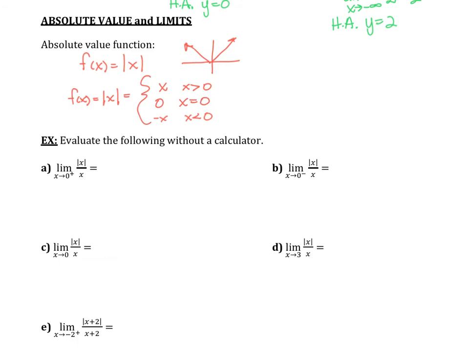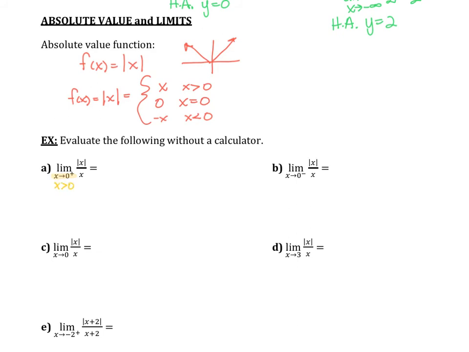Okay, so the first thing we want to do when we're looking at limits of absolute value, this says the limit as x approaches 0 from the right. What does that mean? Well, if we're approaching 0 from the right, it means that x is greater than 0.